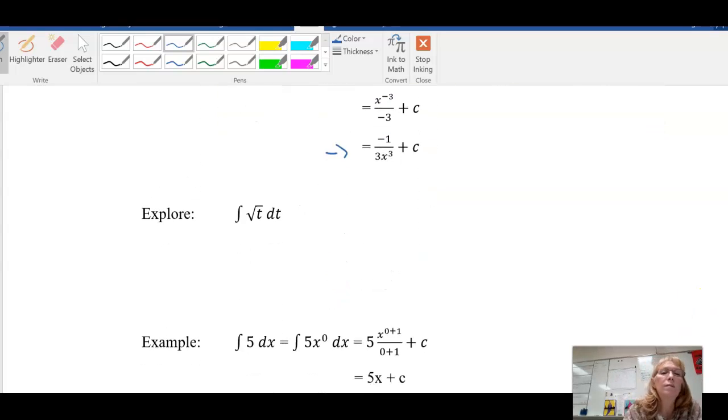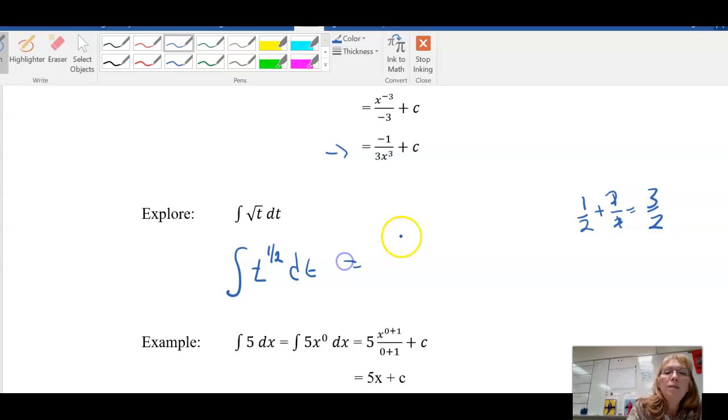Your turn. I hope you did well. So the first thing you should have said is I need to find the integral of t to the 1/2 power dt. Well, now you got to add 1. So over here to the side, 1/2 plus 1, make that over 1, right? So that's 3/2. So now I've got t to the 3/2.